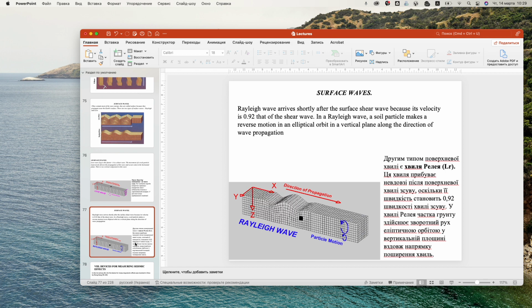Also, we have to consider one more seismic wave, which is called Rayleigh wave. It is also a surface wave, and as you can see, the deeper from the surface we are moving, the less movement or less motion we can find.